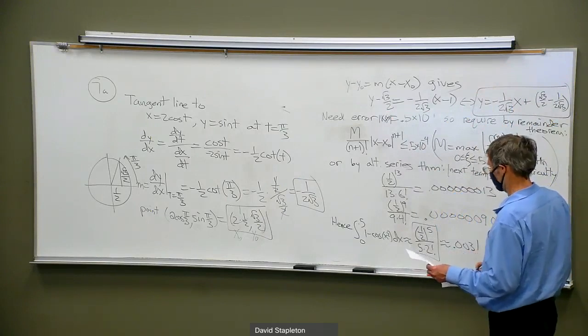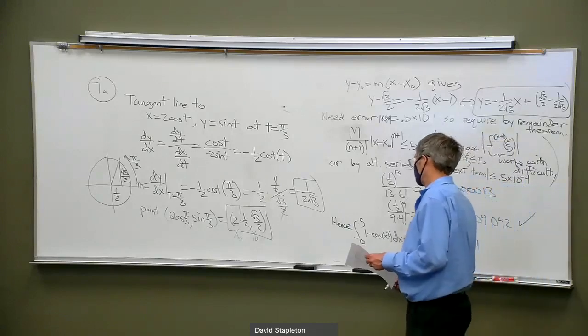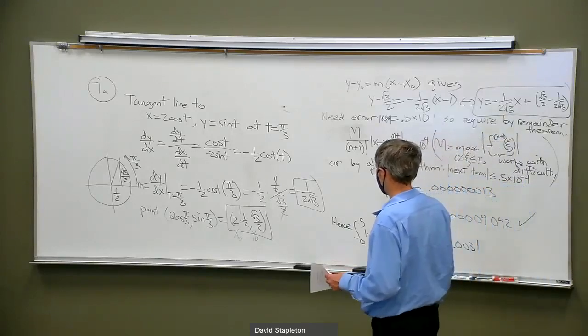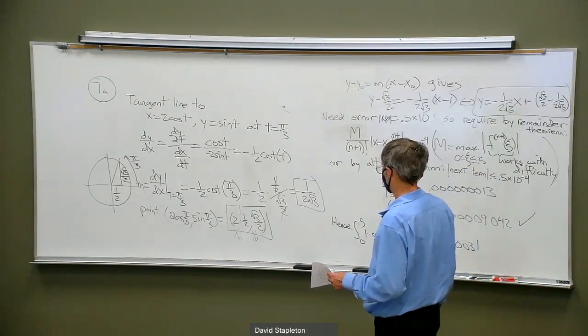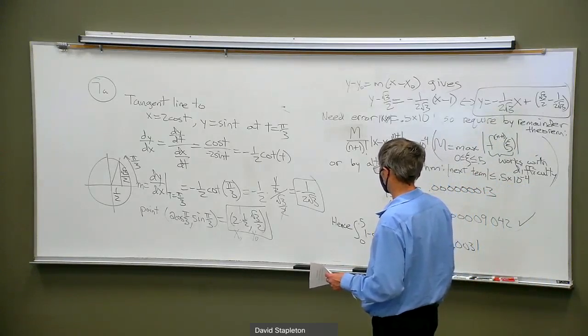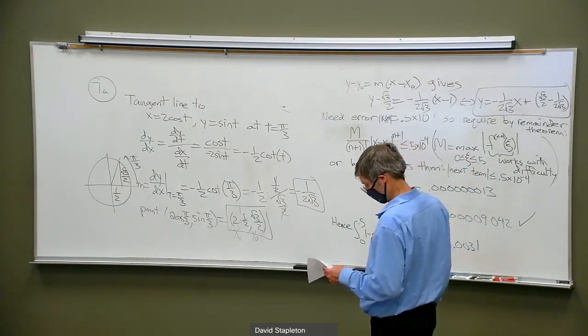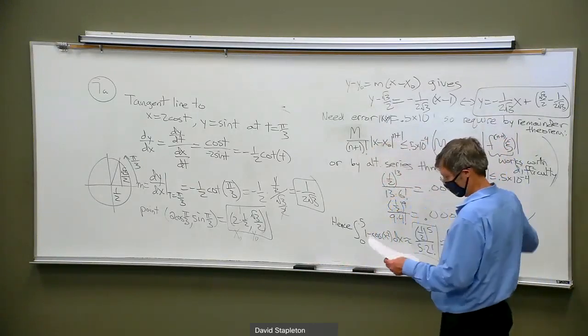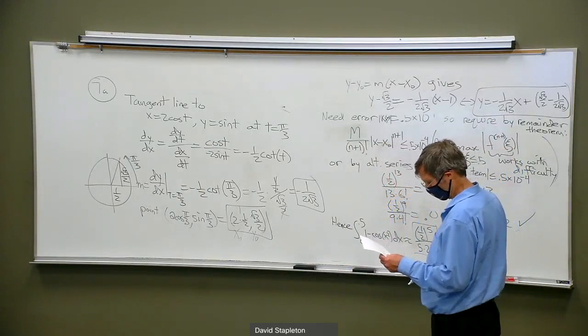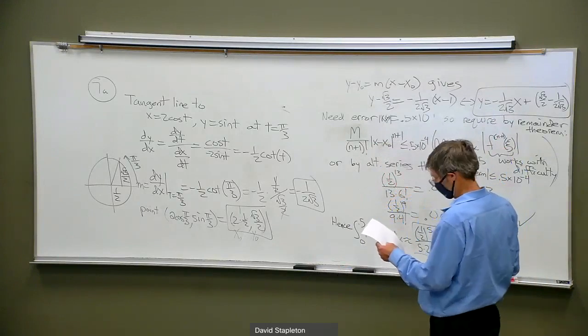I'm differing by a minus sign. Looking at it, I think this is the right answer. I wonder if they have the wrong answer on the back. We just changed the signs a little bit.